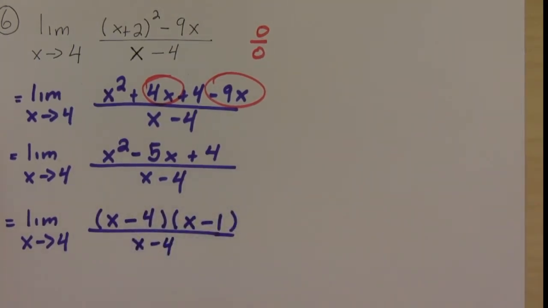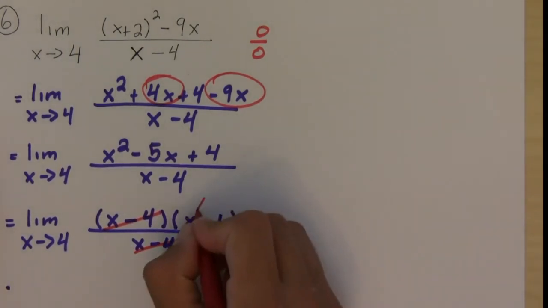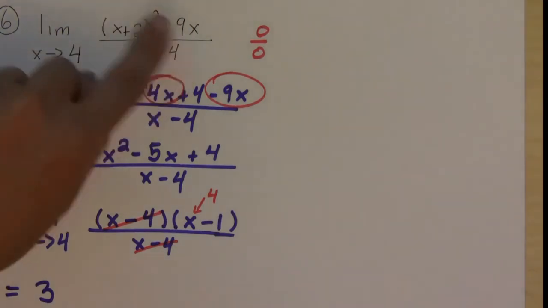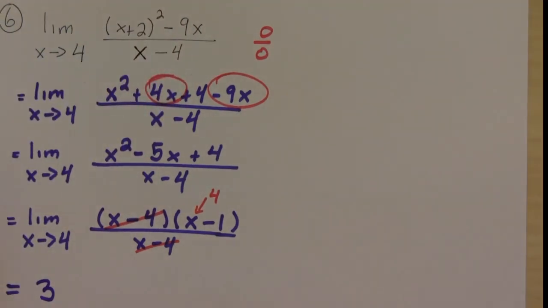And notice that, lo and behold, the x minus 4's are going to cancel, and if I now plug in the value of 4, I get that this guy is equal to 4 minus 1, which is 3. So the limit as x approaches 4 of that original function is actually 3.